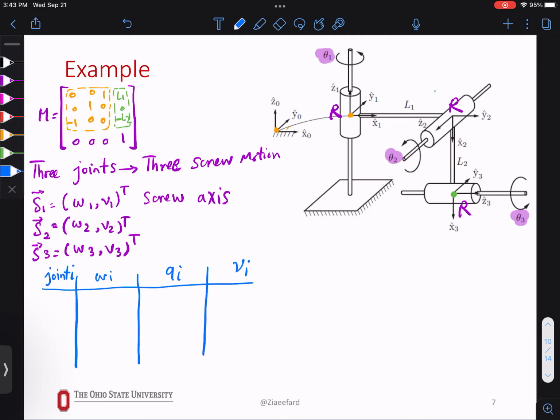We're doing this because after modeling, we're going to program, right? So I'm setting it up the way I would program it, basically organizing the information. So I know I have 3 joints, 1, 2, 3. We know from before that omega i is the axis of rotation, and our linear velocity is a combination of 2 things: omega i cross product of q i, plus v i.